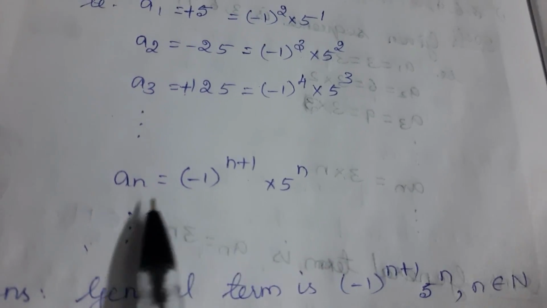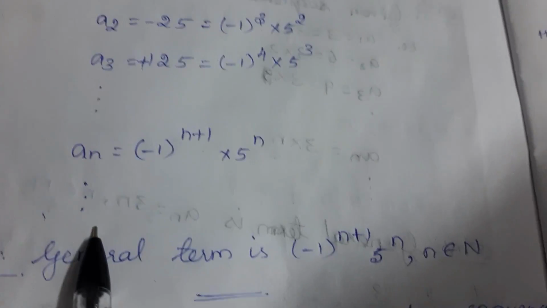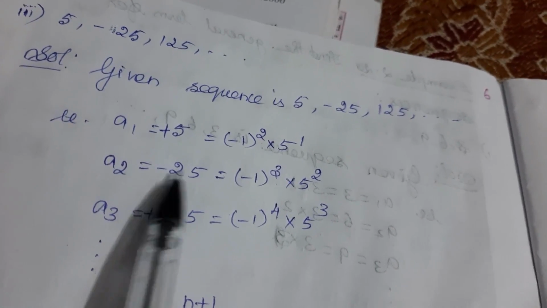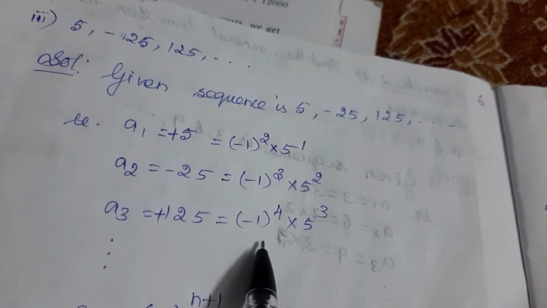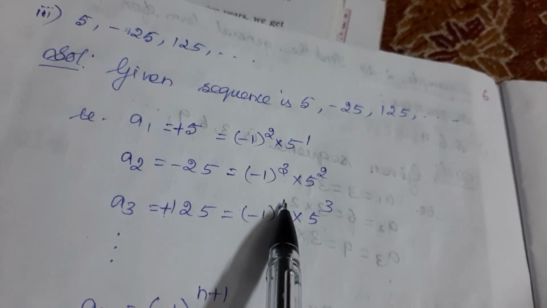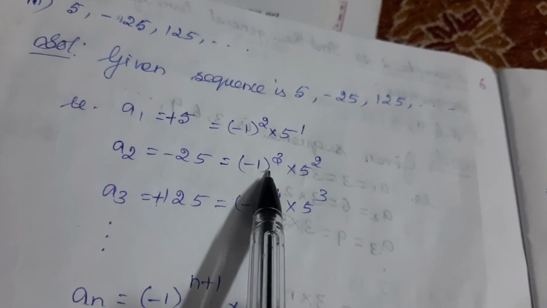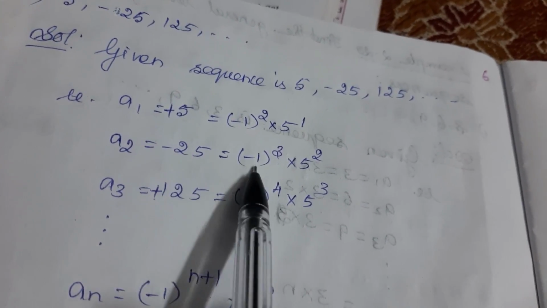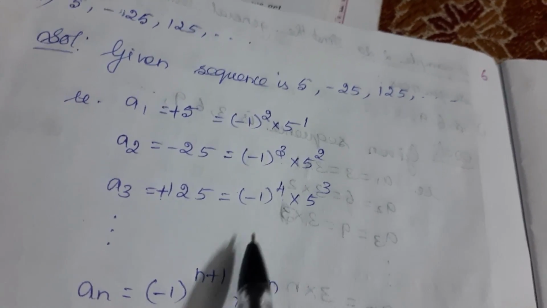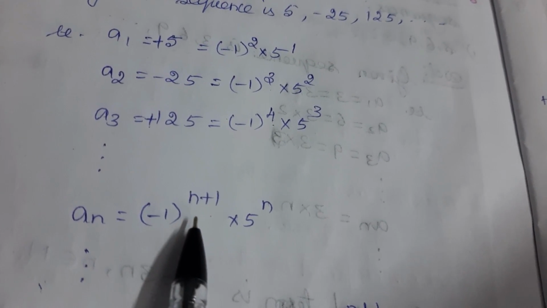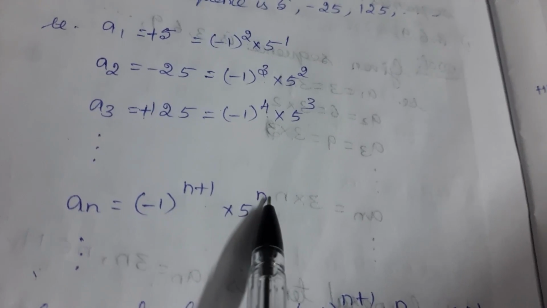After writing the general term, also put the etc. Understood? How we wrote this? We are adjusting the minus with the power. Okay, don't forget to write the power correctly. Don't confuse here. We are adjusting the minus with these powers. Okay, so we got the nth term an is equal to minus 1 the whole power n plus 1 into 5 power n.